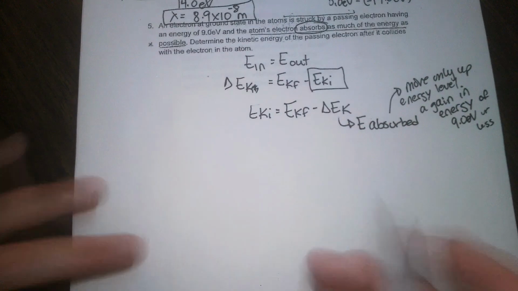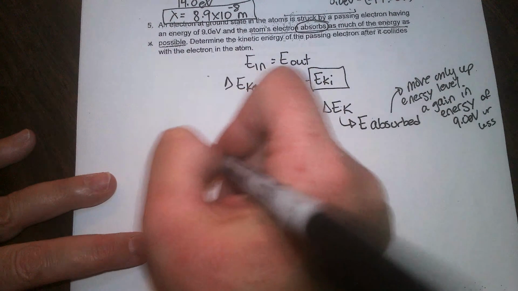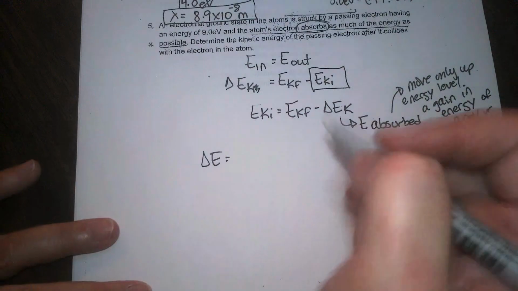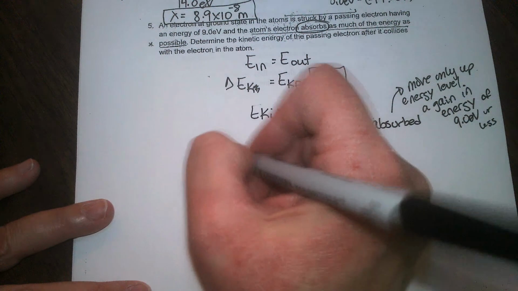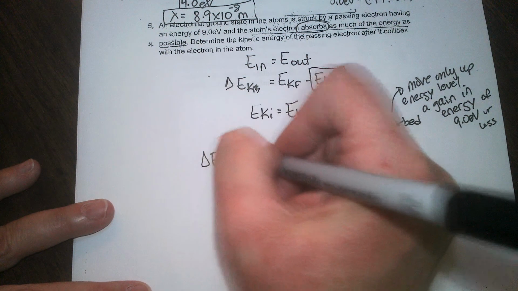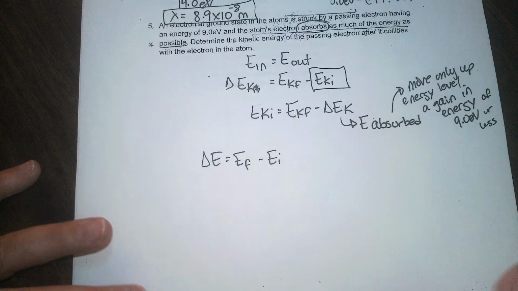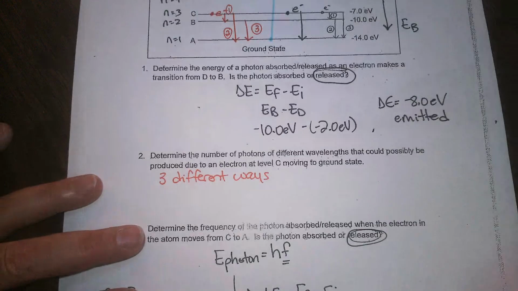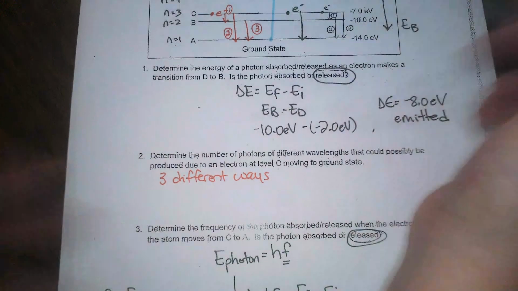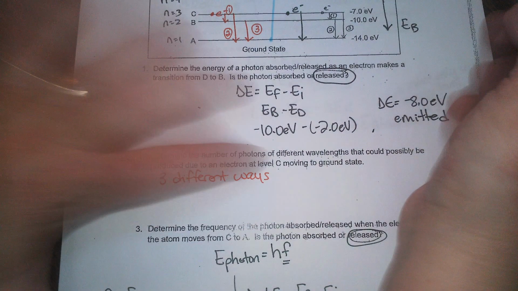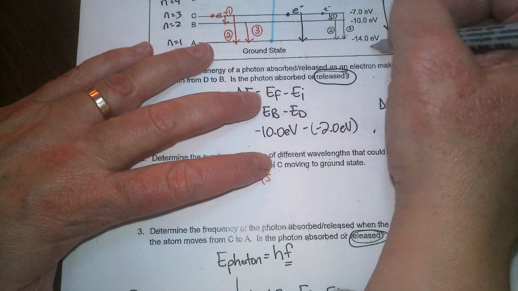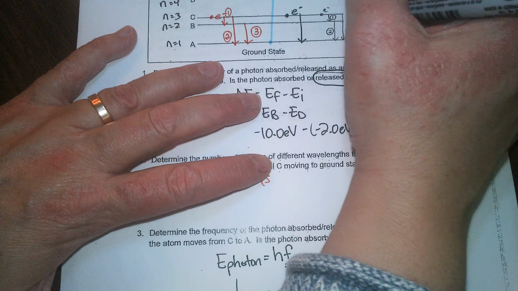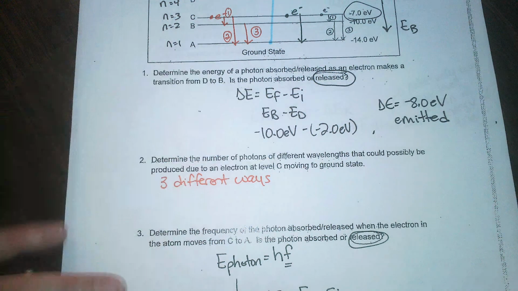So how do we find this delta E? Because that's a piece we don't know right now. Delta E is going to be equal to E final minus E initial. So when we look here, it says 9 or less. So it can't be level A, and it can't be level B. The best we can do is level C.